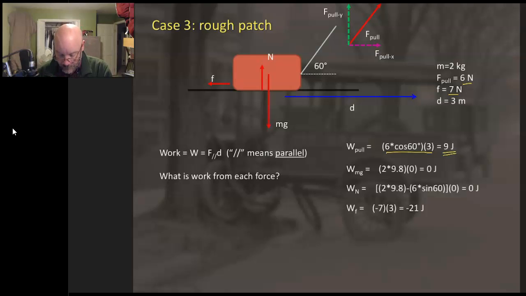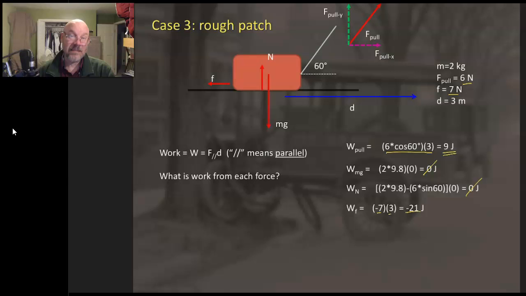Once again, the weight and the motion are perpendicular. The weight and the normal force are perpendicular, or the normal force and the displacement are perpendicular. But take a look at our friction. We've got 7 newtons backwards, a displacement of 3 forward, so we get negative 21 as the work from our friction.